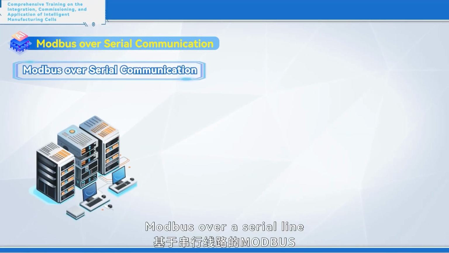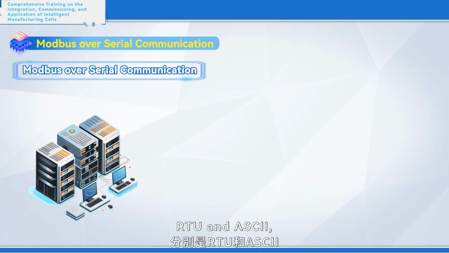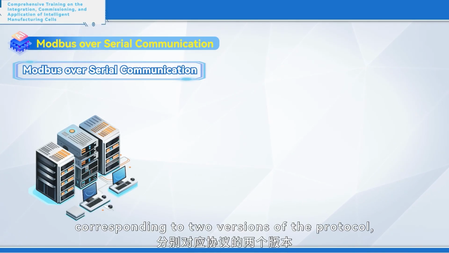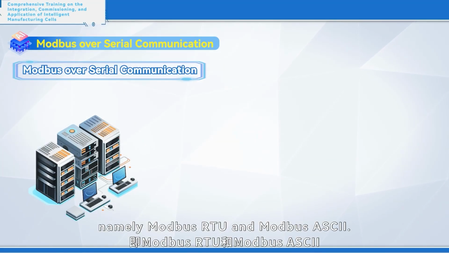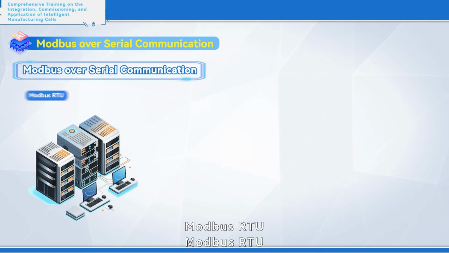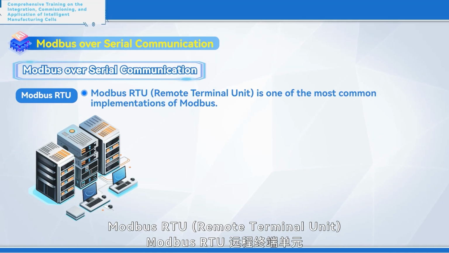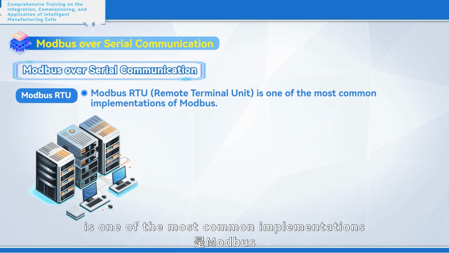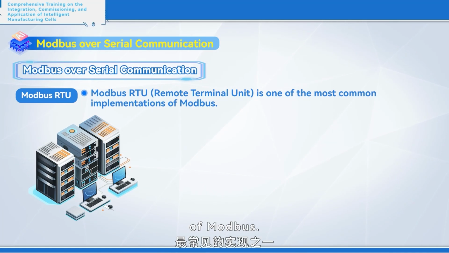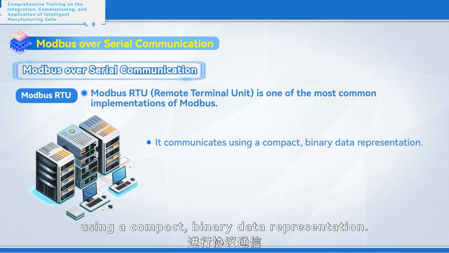Modbus over a serial line has two transmission modes, RTU and ASCII, corresponding to two versions of the protocol, namely Modbus RTU and Modbus ASCII. Modbus RTU, Remote Terminal Unit, is one of the most common implementations of Modbus. It communicates using a compact, binary data representation.